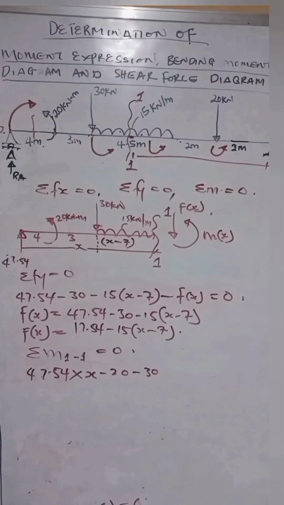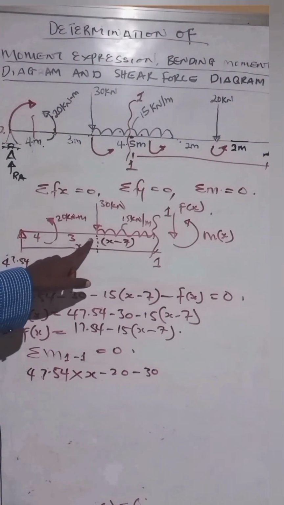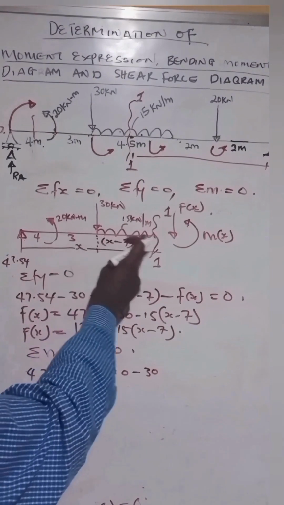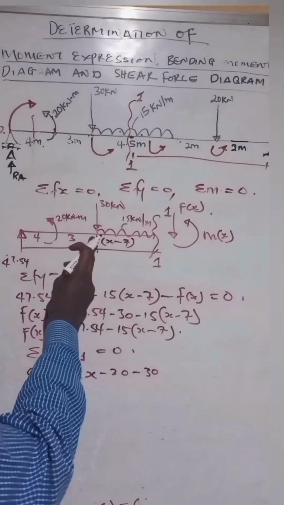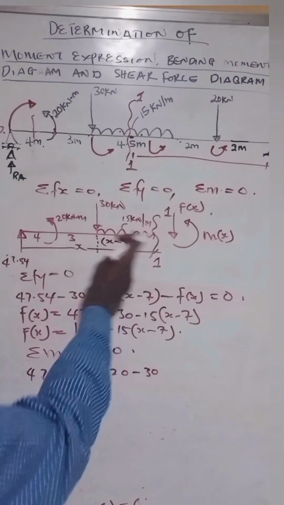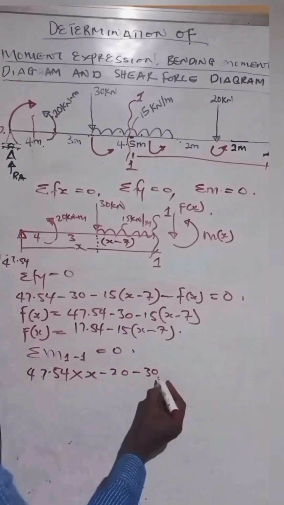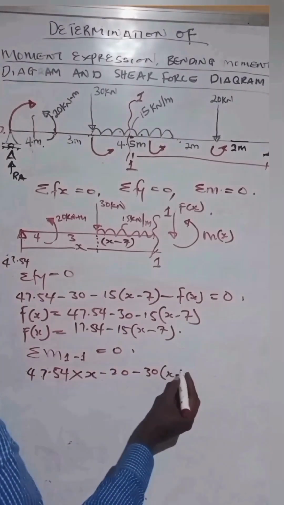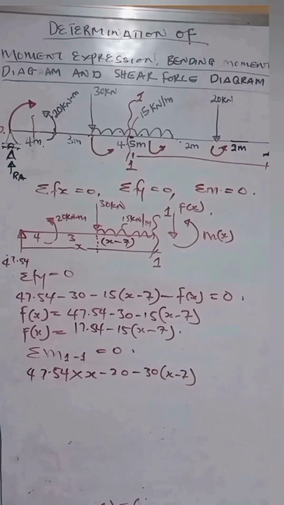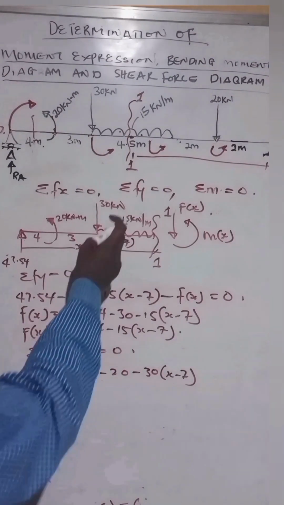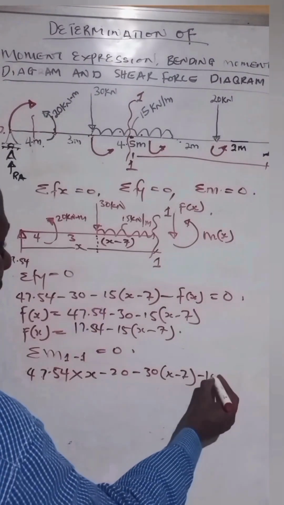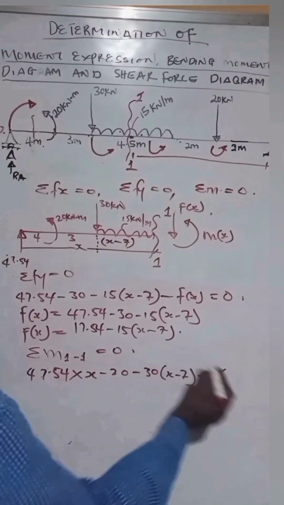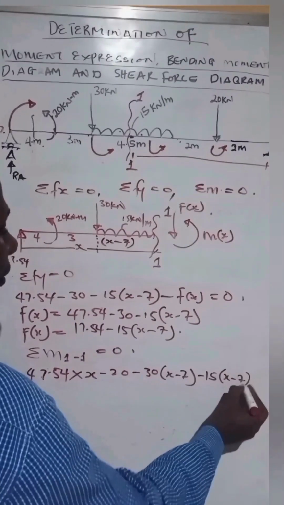Now minus 30 is going to be multiplied; this is going to be minus 30 times the distance to section 1, which is x, becomes 30 bracket x minus 7. So that is what we have. Then we have this one. It becomes minus 15 bracket x minus 7.